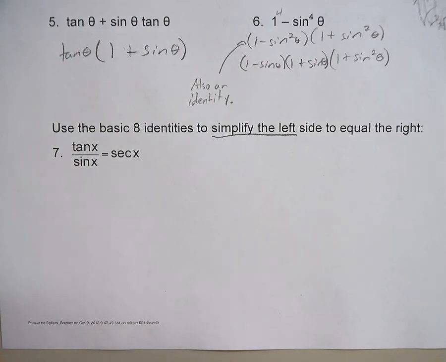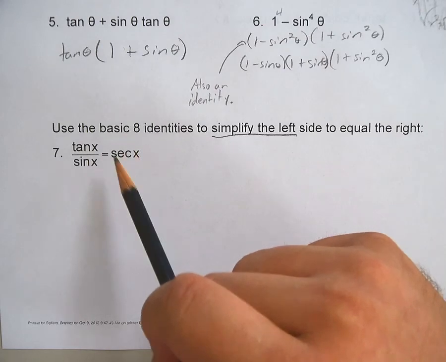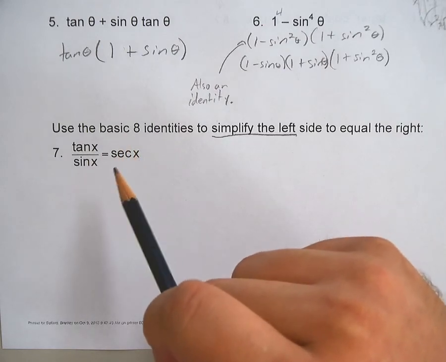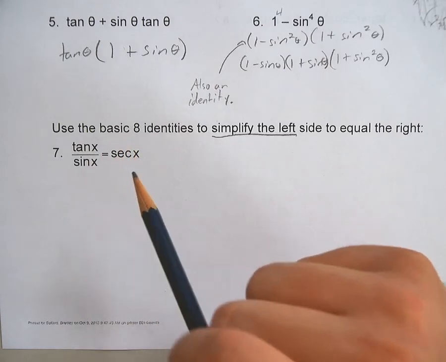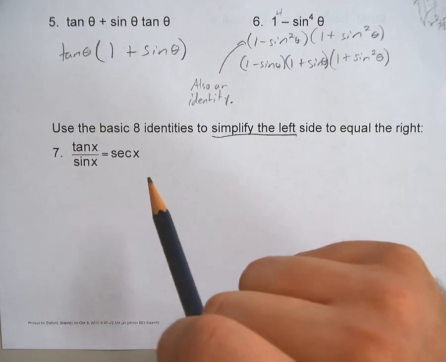I'm going to avoid touching the right side unless I absolutely have to do it at the very end. Okay, I'm going to work with the left side. I'm only going to work on one side to prove that something is true. For me to prove that this is this, I shouldn't have to touch this side.